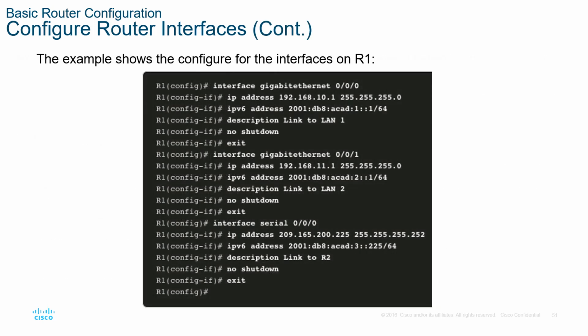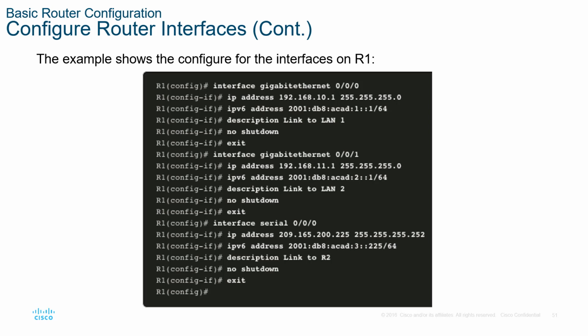For example, here we have a configuration for gigabit 0/0/0, 0/0/1, and a serial interface. So we actually will navigate to interface gigabit 0/0/0, give it an IP, give it an IPv6 address, give it a description, turn it on, and then we repeat for the other three interfaces.